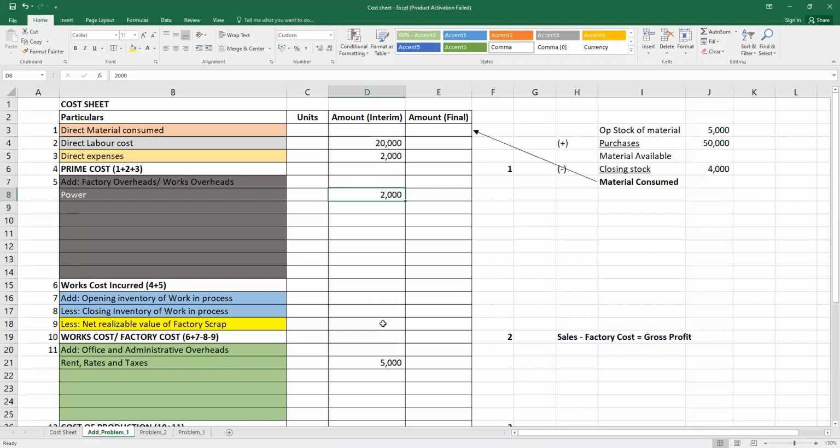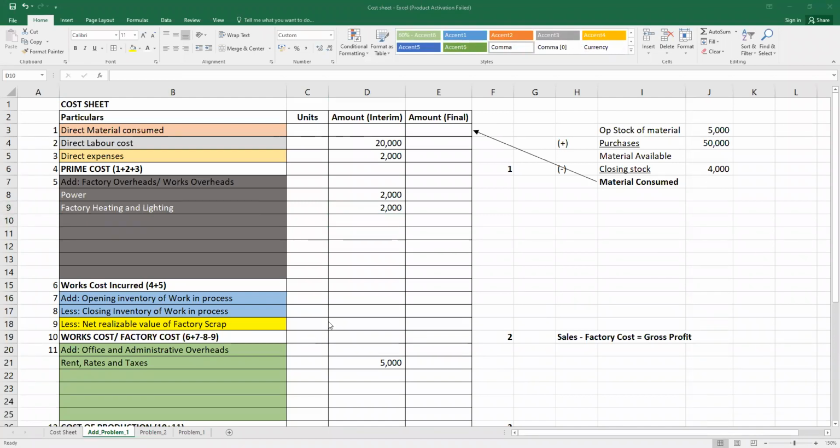Okay. Then, after power, we are having factory heating and lighting. It's very much clear that it's factory heating and lighting. So we will write it into the factory overheads, which is amounting to 2,000.